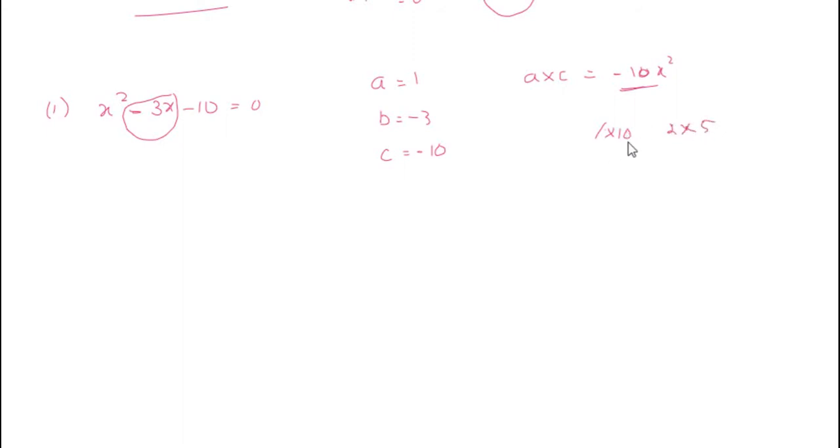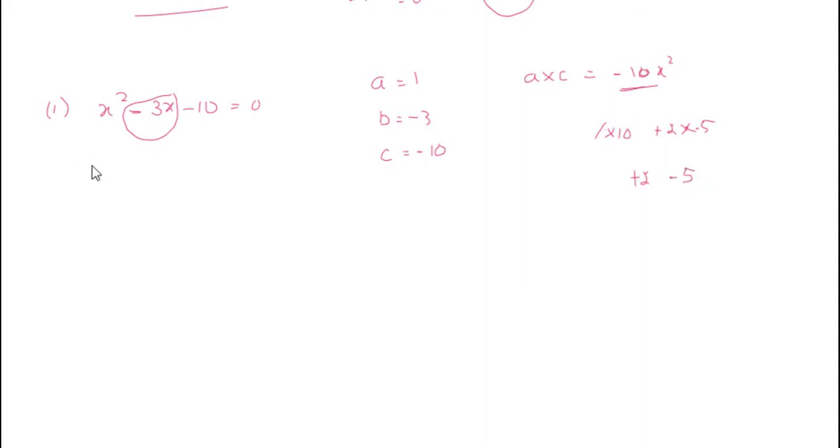We cannot take 1 into 10 because if you add it won't be minus 3, but 2 into 5, yes. Now plus 2 into minus 5. So plus 2 into minus 5 is minus 10, plus 2 plus minus 5 is minus 3. So the two factors that we need to take here are plus 2 and minus 5.